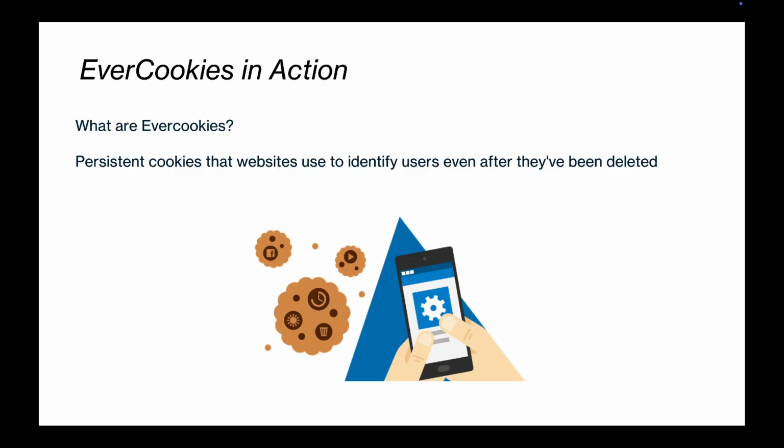Evercookies may be stored as an HTTP cookie, in your local storage or session storage, as part of your indexed database, in your cache or your ETags, or they might be part of a PNG or WebRTC. Why are they dangerous?